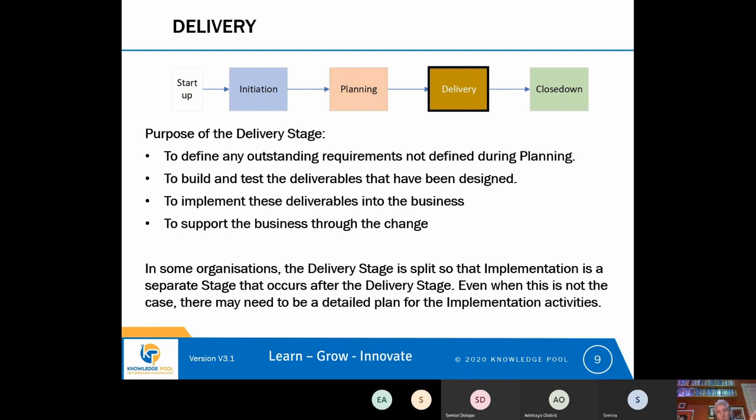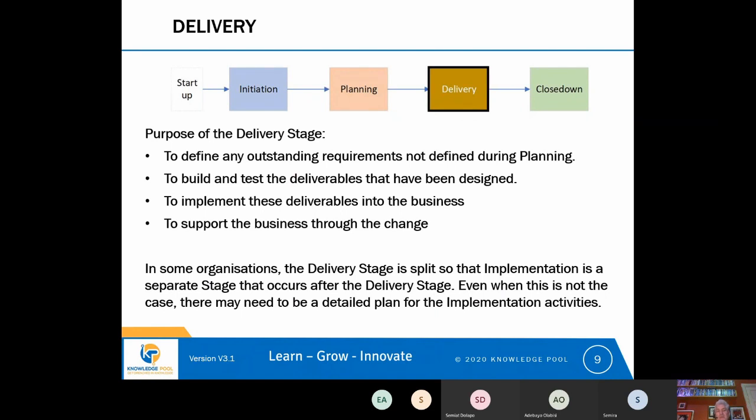And so each sprint is a process of deciding what requirements are going to be met in that sprint, building some deliverables, testing some deliverables, and proving that those requirements have been met before we then move on to the next sprint.